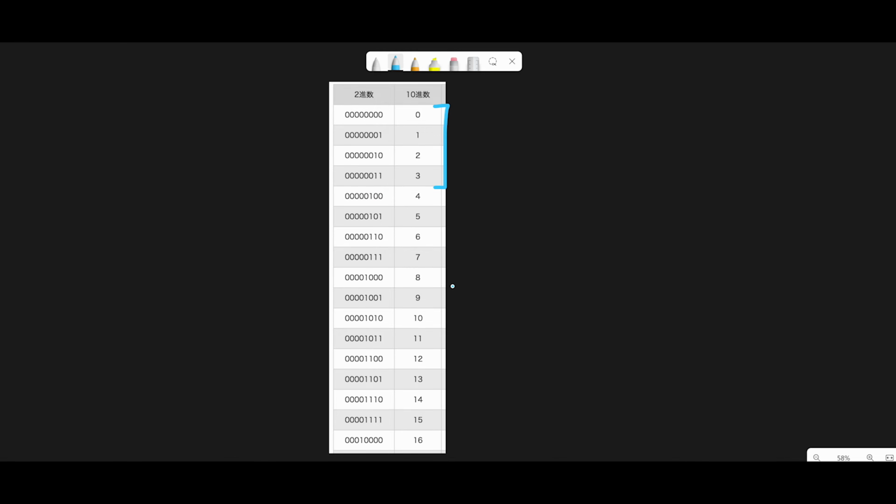So let's look at from 0 to 7 versus 8 to 15. These two are also repeating work. 8 is 1, 0, 0, 0. And if we delete this 1, we get 0, 0, 0, so let's go back to 0, and 9 is 0, 0, 1.